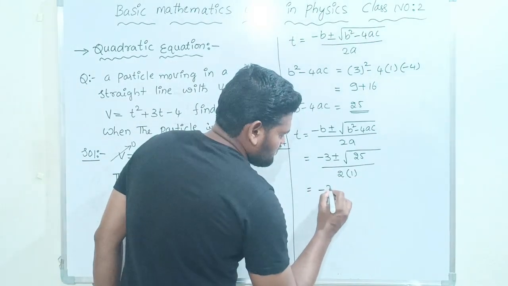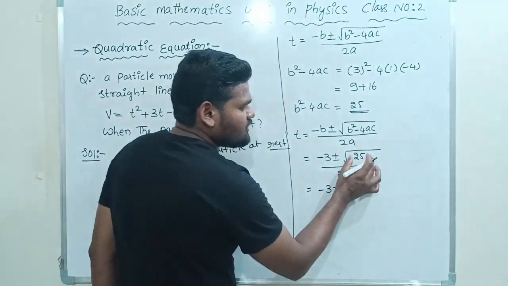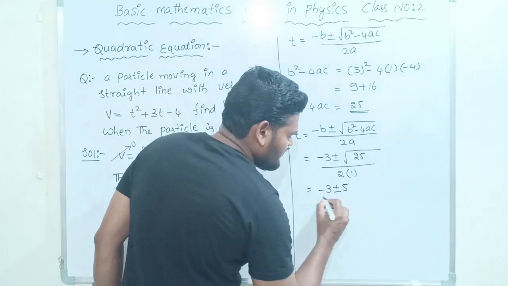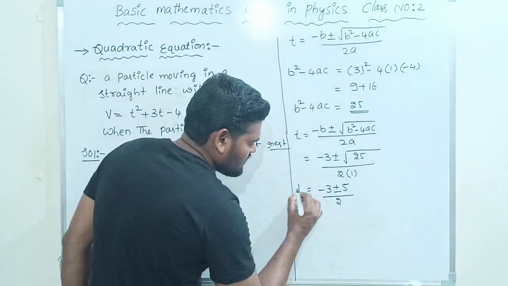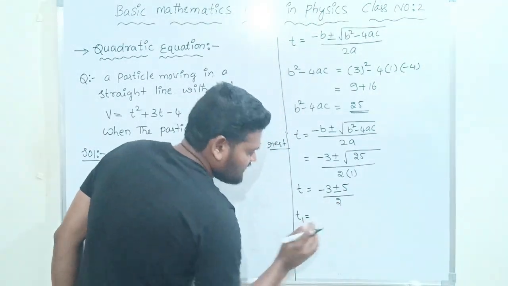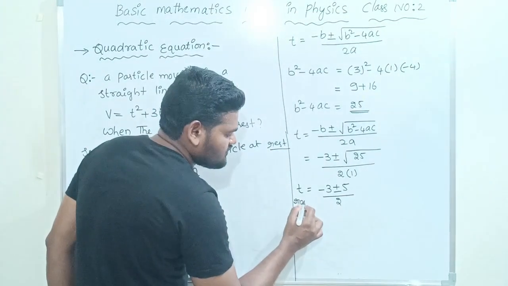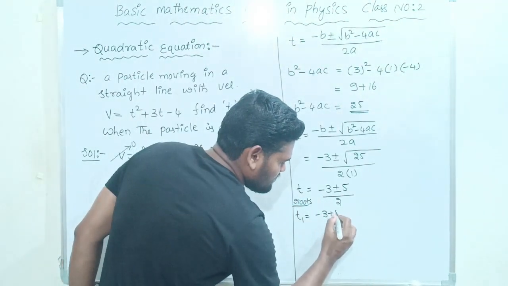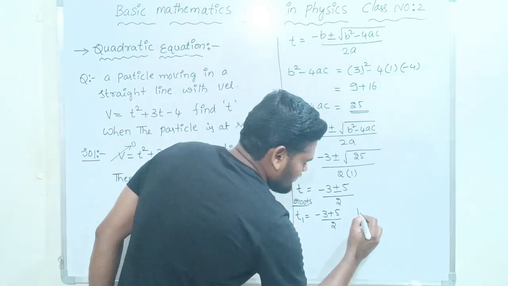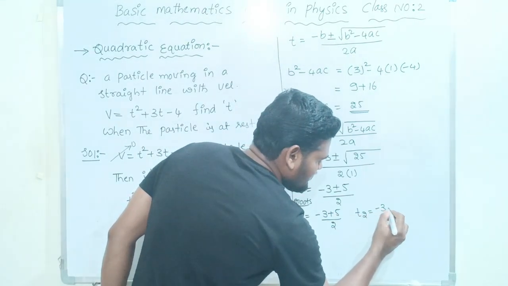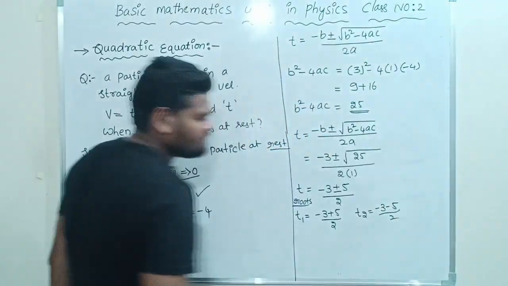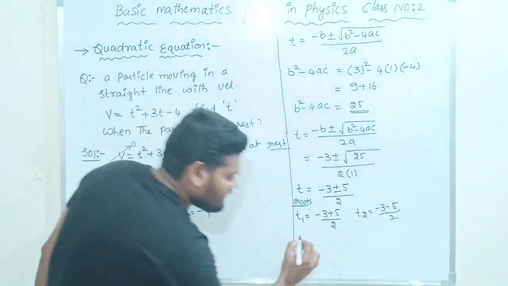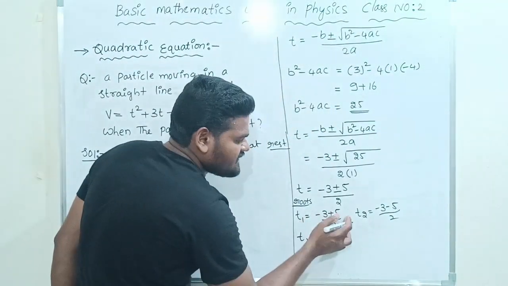So minus 3 plus or minus root 25, which is 5, divided by 2. Now we can write the roots. t1 is equal to minus 3 plus 5 by 2 and t2 is equal to minus 3 minus 5 by 2.